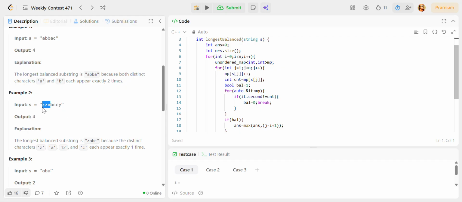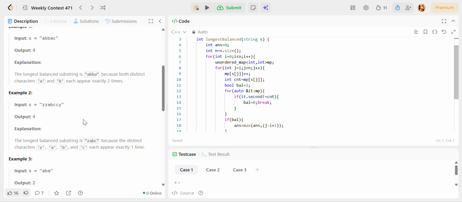Now if a is taken from z to a, it becomes unbalanced because frequency of a is 1 and frequency of z is 2. Therefore till this the maximum length is 2. Again here also you can see the maximum is 2, right?